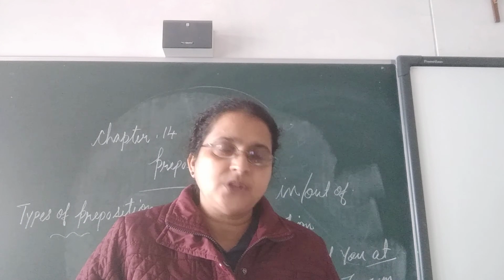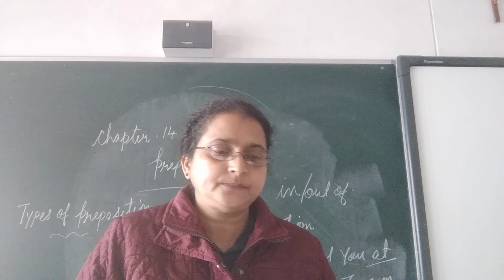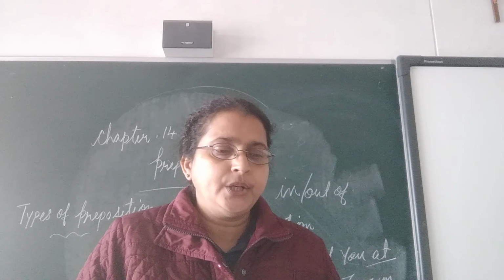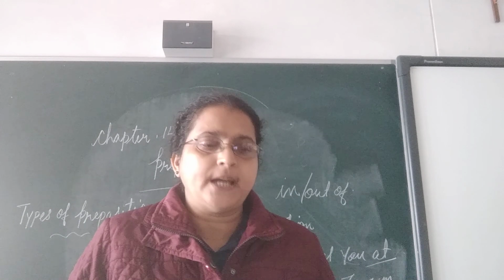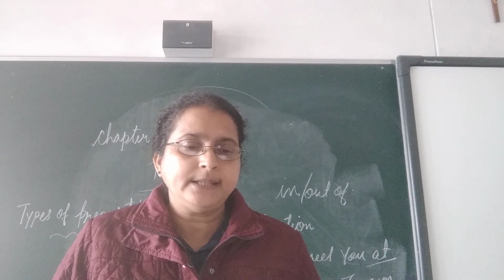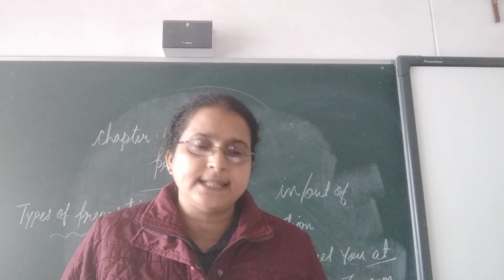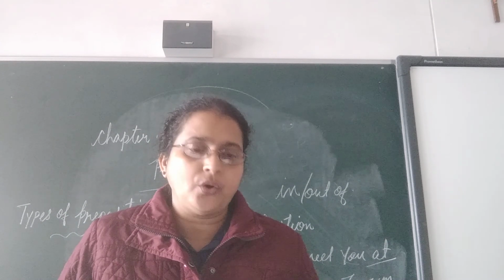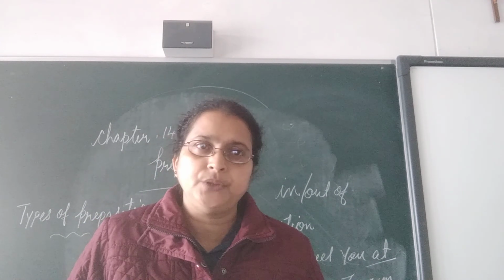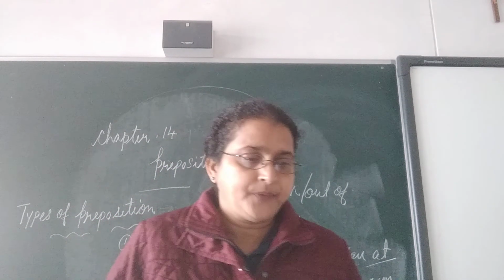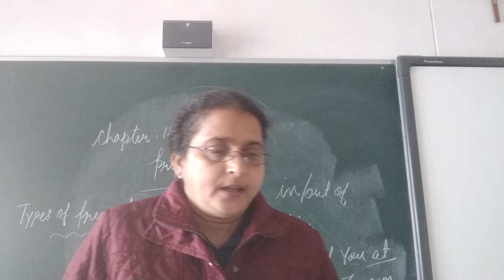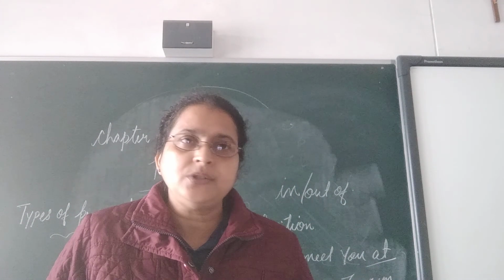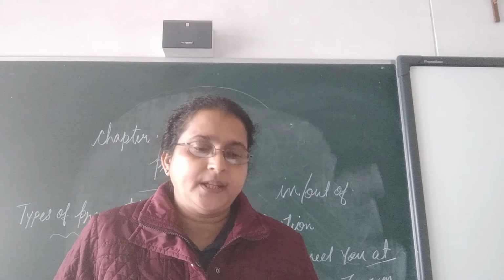The next preposition is around. Around. It denotes the tentative time, a little time before or after. We use the preposition around. For example, I can meet you around 8 a.m. in the morning.